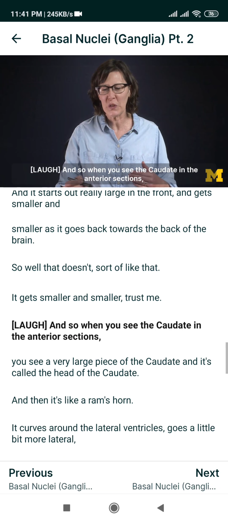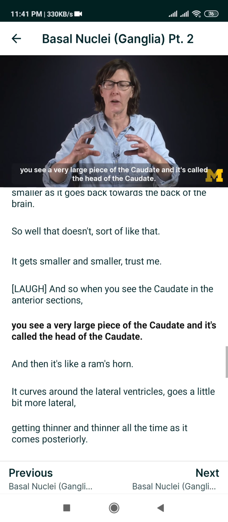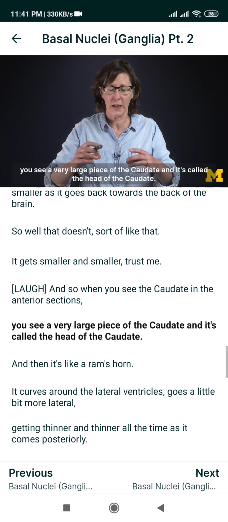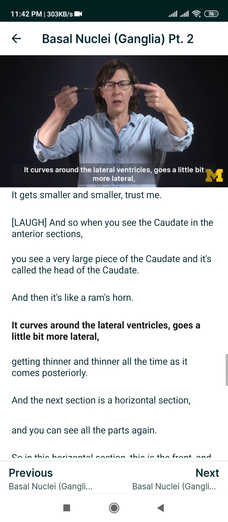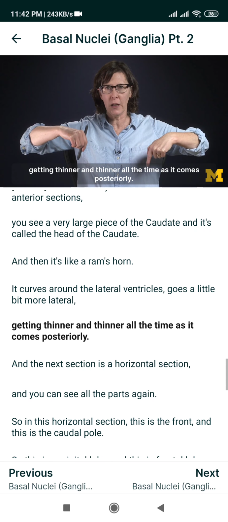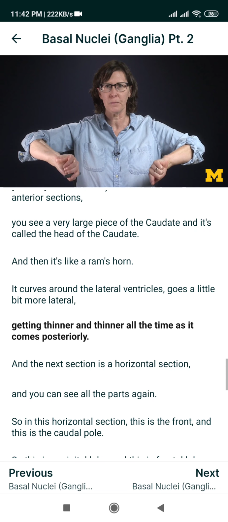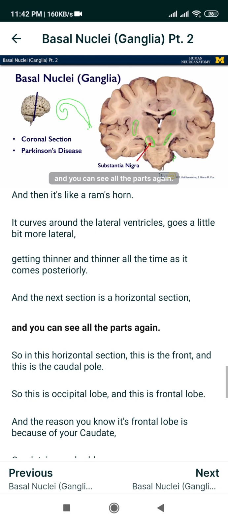And so when you see the caudate in the anterior sections, you see a very large piece of the caudate. It's called the head of the caudate. And then it's like a ram's horn. It curves around the lateral ventricles, goes a little bit more lateral, getting thinner and thinner all the time as it comes posteriorly. And the next section is a horizontal section, and you can see all the parts again.